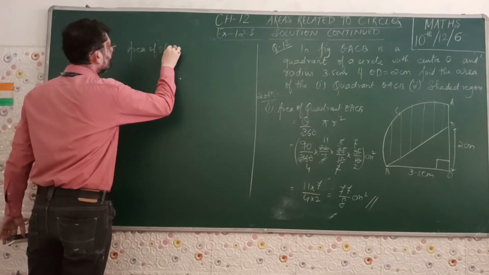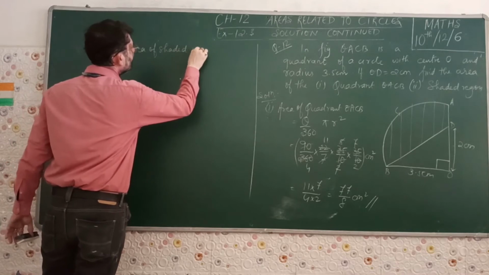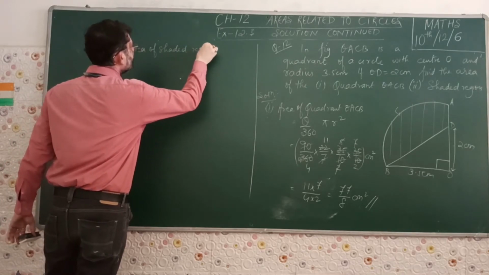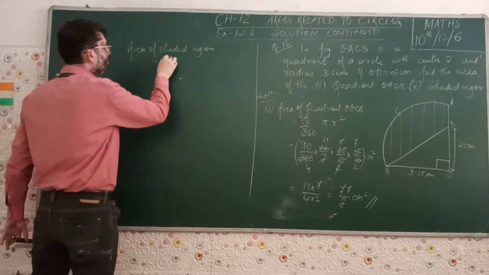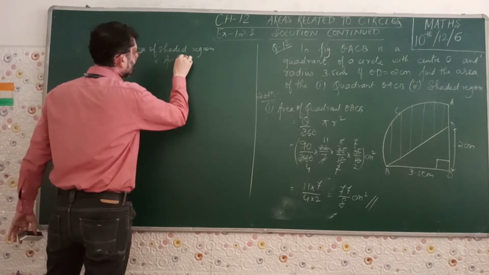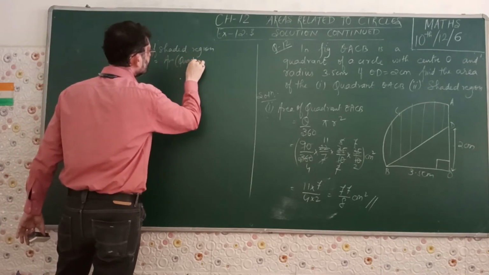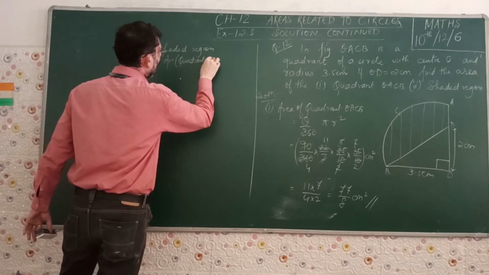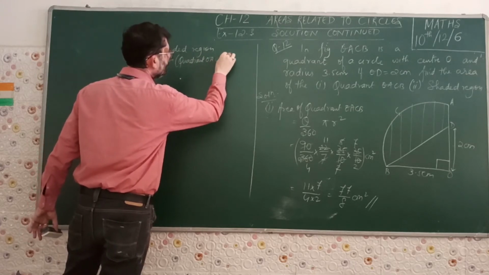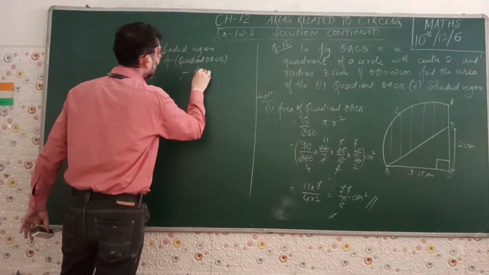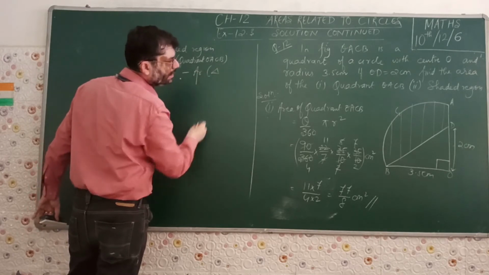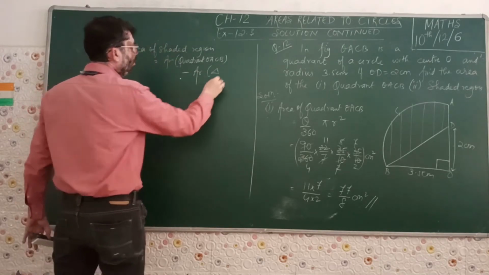Area of shaded region that is to be calculated is given by area of quadrant OACB minus area of triangle BOD.